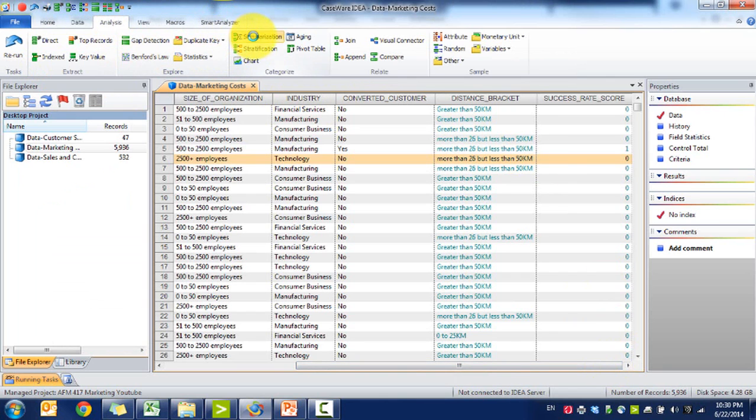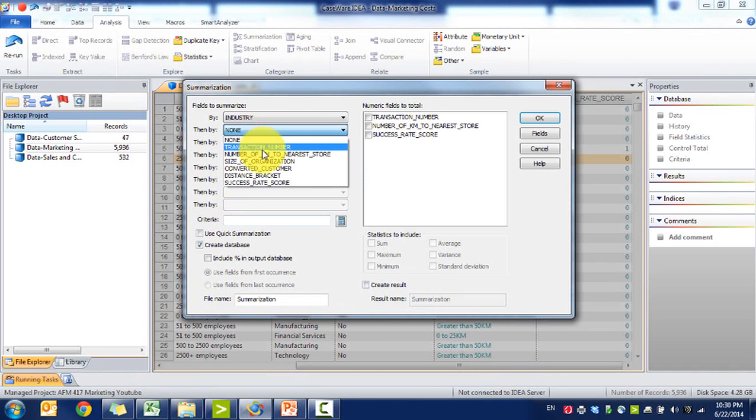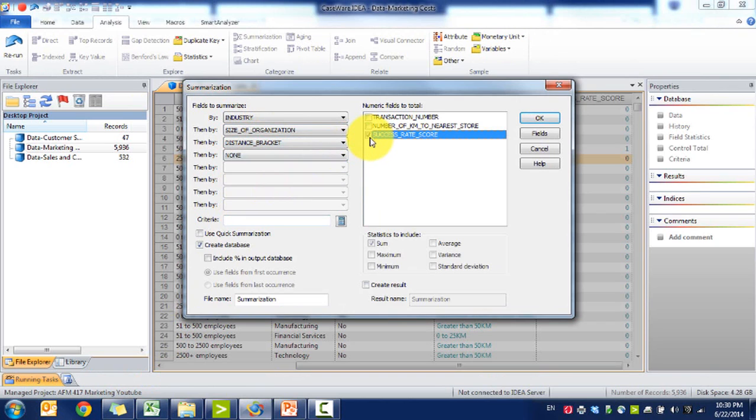And then we're going to summarize on the way they've done it: industry, size of the organization, and then the distance bracket. And we're going to take the score, summarize it, and call this marketing success rate.